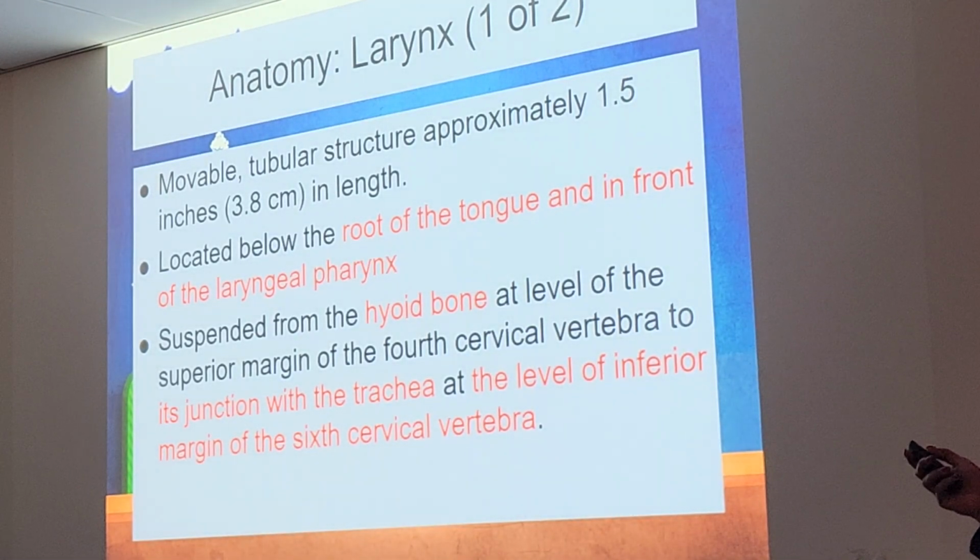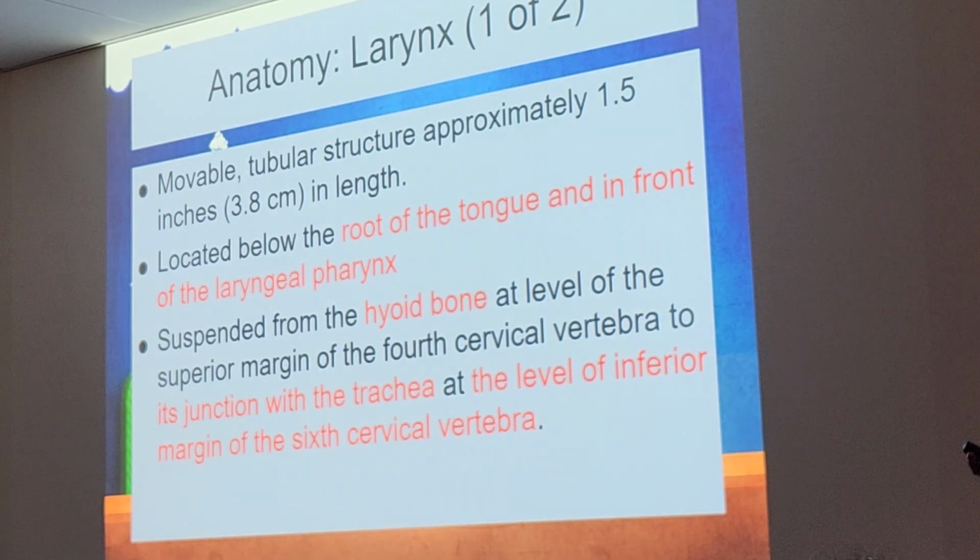I think there's a picture coming up. It's the same passageway; at one point it's called larynx and after that it's called the trachea. So the larynx is not the passageway. The laryngopharynx sits behind the larynx. That is the passageway. Okay?